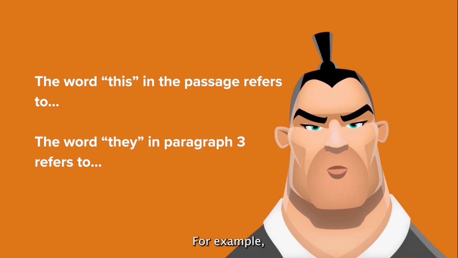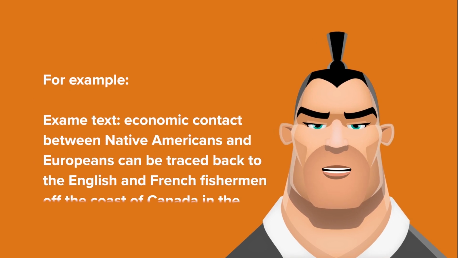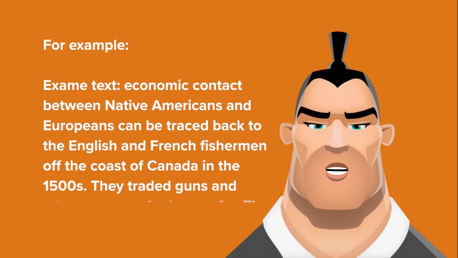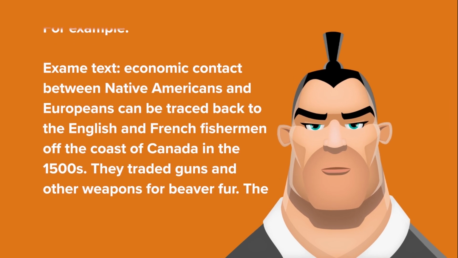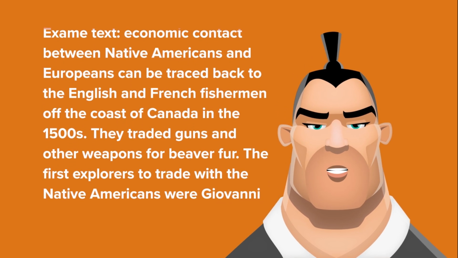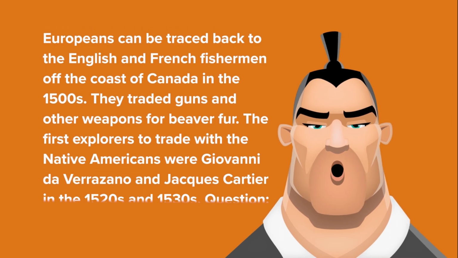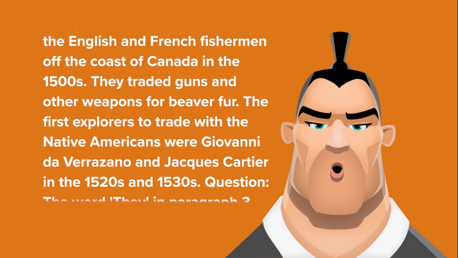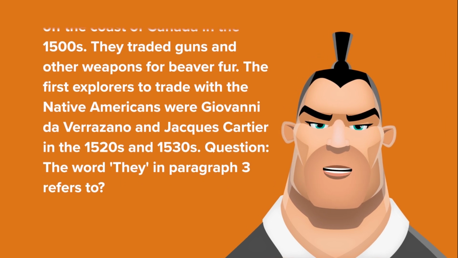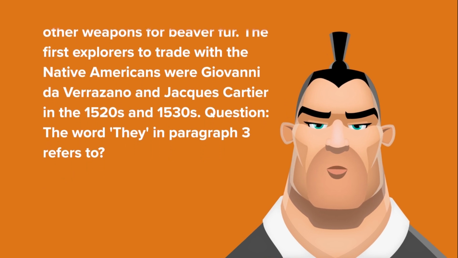For example, exam text. Economic contact between Native Americans and Europeans can be traced back to the English and French fishermen off the coast of Canada in the 1500s. They traded guns and other weapons for beaver fur. The first explorers to trade with the Native Americans were Giovanni Verrazzano and Jacques Cartier in the 1520s and 1530s.